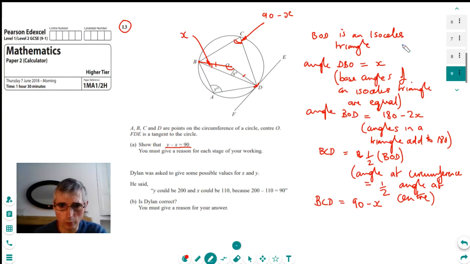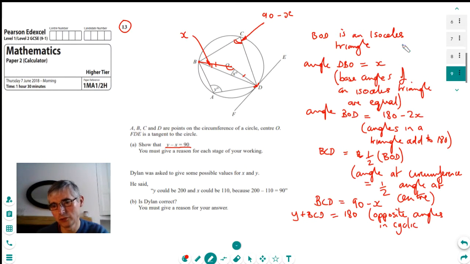So we can say that y plus BCD must equal 180, and the reason being they are opposite angles in a cyclic, i.e. meaning circle, quadrilateral, equal 180.